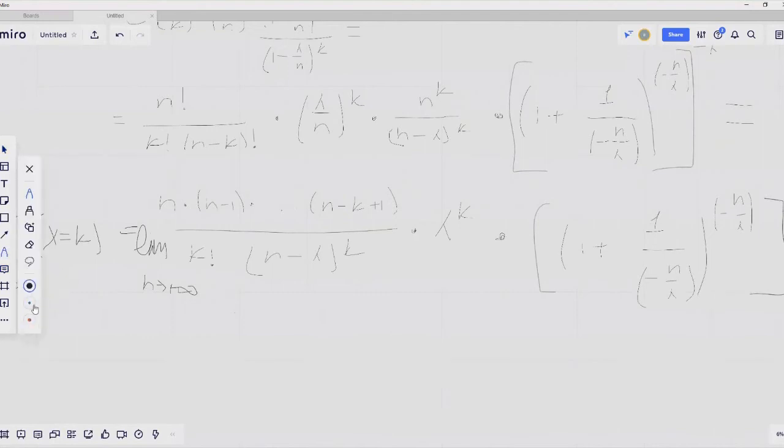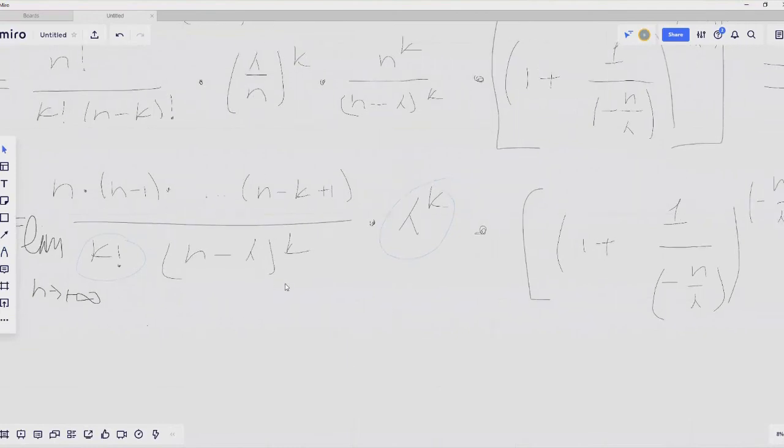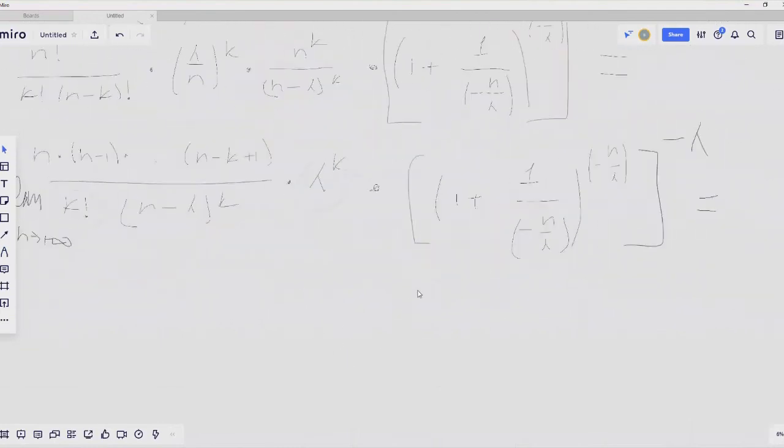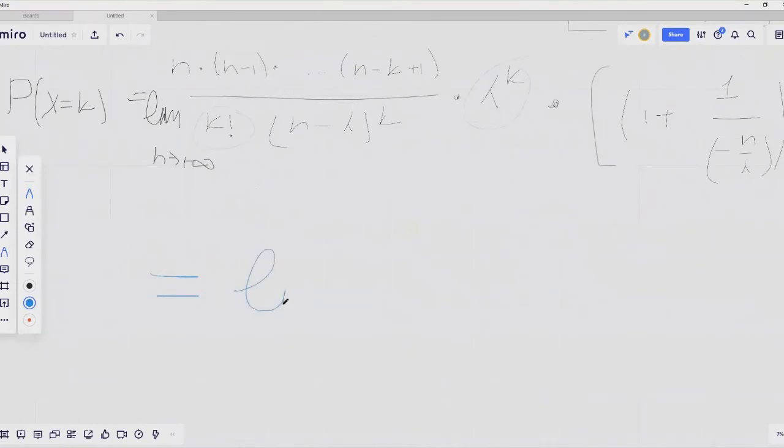So first, I'm going to factor out the terms that are invariant of n. So here I have k factorial, I have lambda to the power of k. In those terms, I have n, and in these terms, I have n appearing. So let's factor out lambda to the power of k over k factorial first, multiplied by the limit as n is approaching plus infinity.